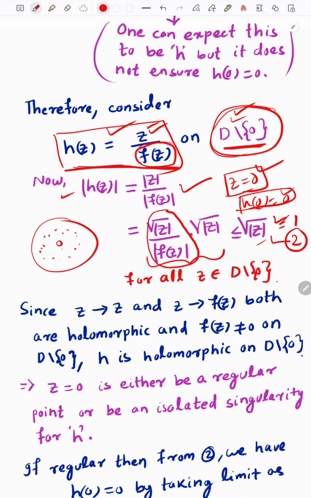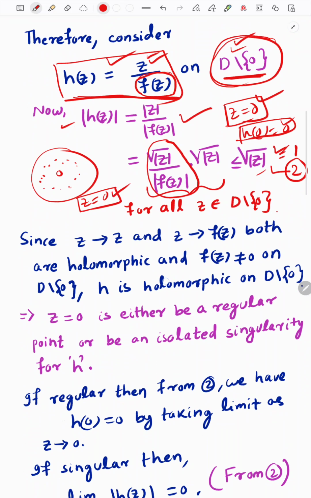But at the point z equal to 0, if it is a singularity, then what type of singularity can it be? Because around all these points it is analytic, so z equal to 0 is an isolated point, so it can be at most an isolated singularity. Okay, I hope up to this point every argument is clear to you. Now there are three possibilities.